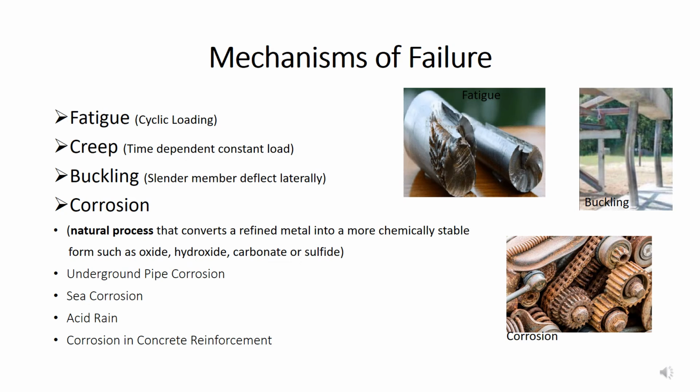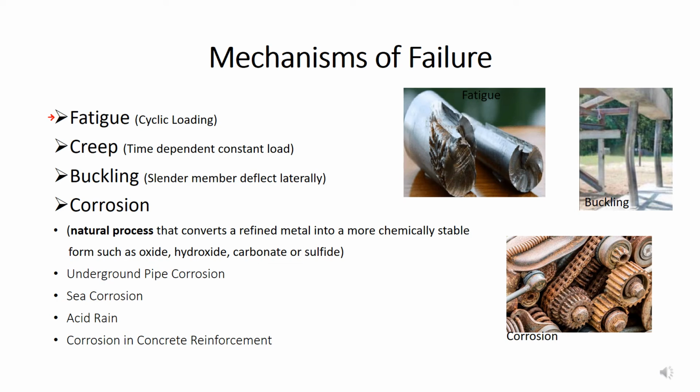So what are the mechanisms of failure? The important mechanisms of failure are: the first one is fatigue. Fatigue is a failure which is produced when a component is subjected to cyclic loadings. It can be a mechanical loading, or it can be a thermal loading as well.